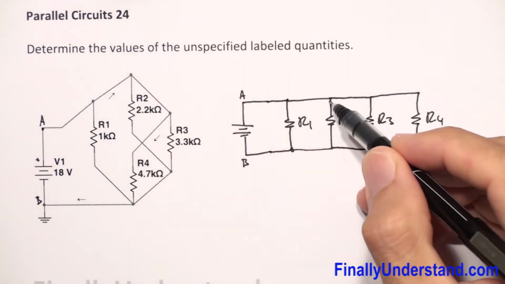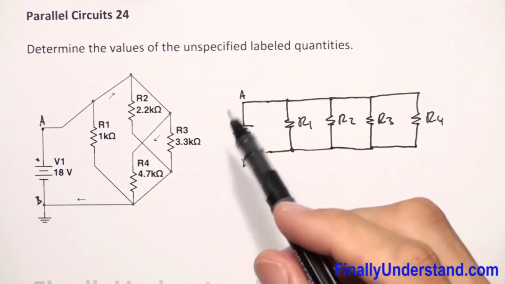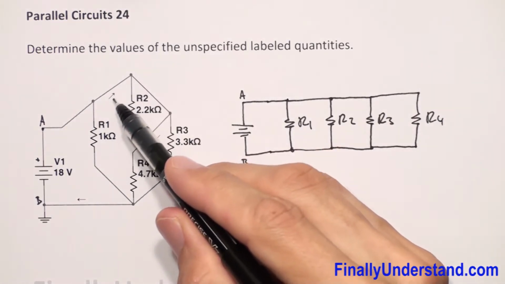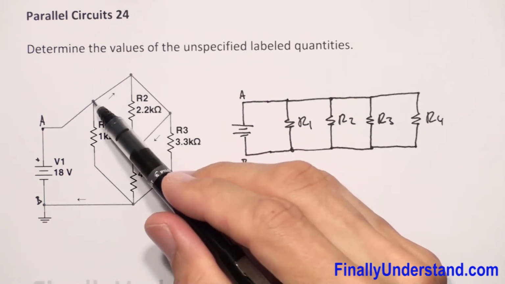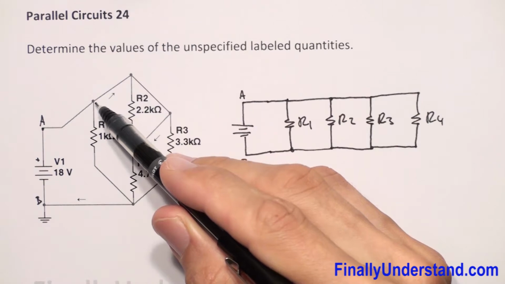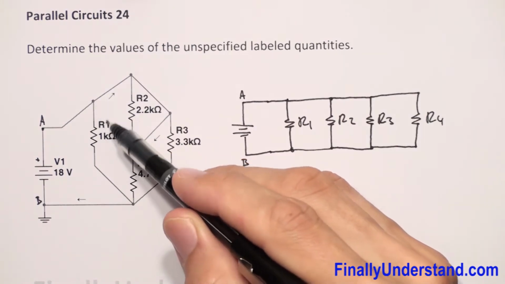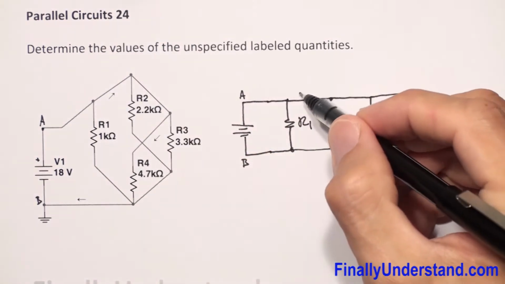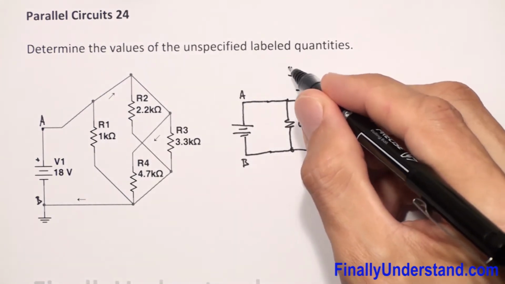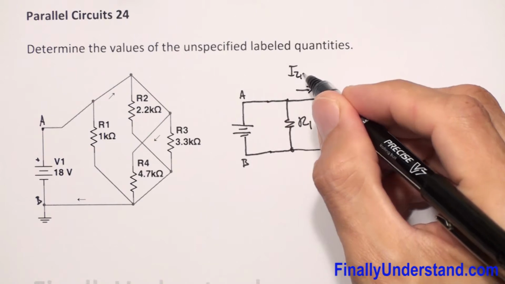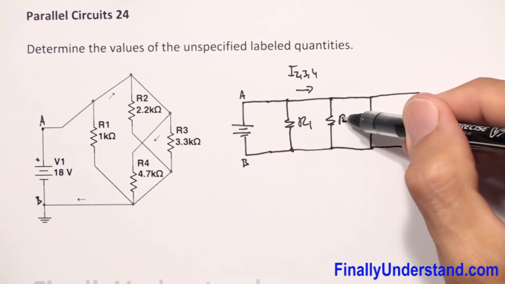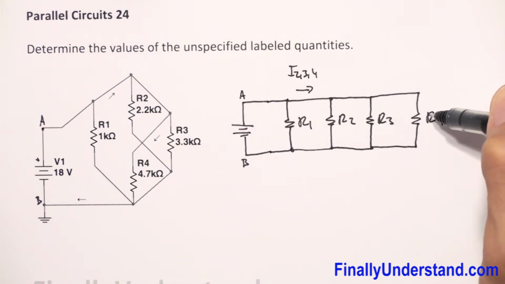Now let's see what we're supposed to find. We have to find the current which goes from this point to this point. So I have to find the current between resistor R1 and R2. So I have to find this current. In other words, this is current I2,3,4, because this current will go through resistors 2, 3, and 4.